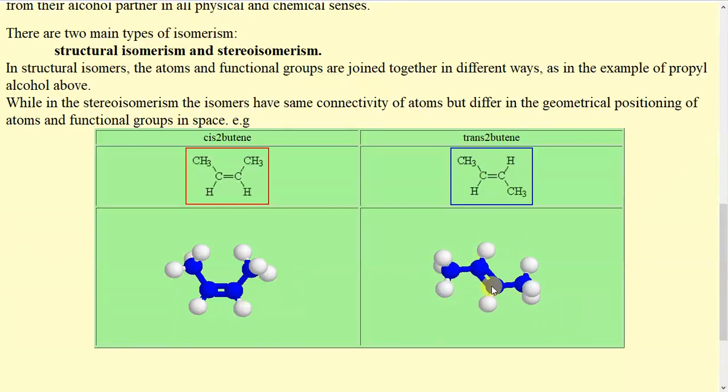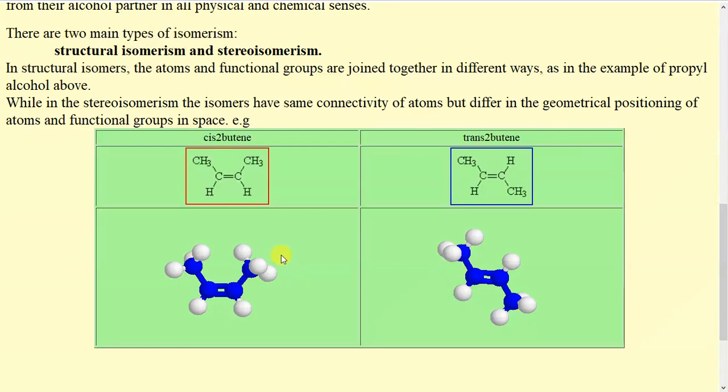The structures of the two are totally different from each other. In this structure, which is named trans-2-butene, the structure is like a chair, while in cis-2-butene, the structure is like a boat. So they may be expected to have different physical characters, and sometimes their chemical characters could also differ, but this depends on case to case.